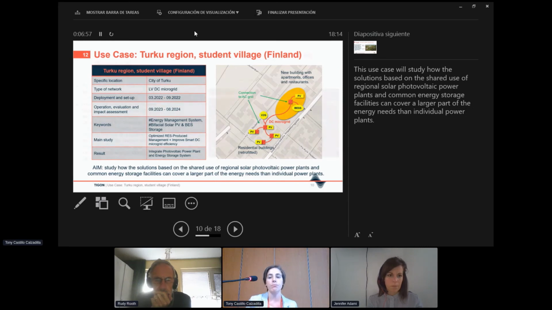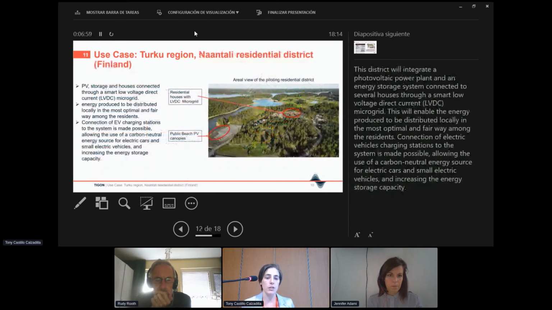In particular, this is an overview of the area of the residential district. We integrate the photovoltaic power plants and energy storage system, which are connected to several houses through a smart low voltage direct current microgrid.